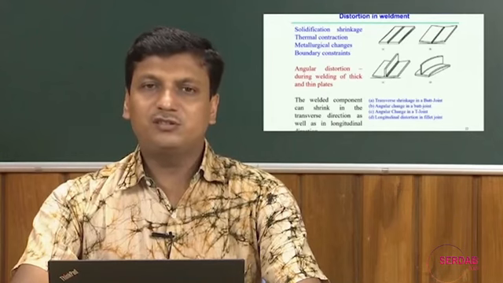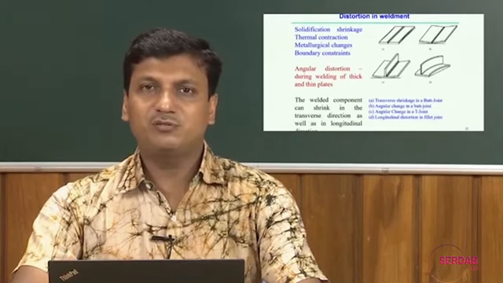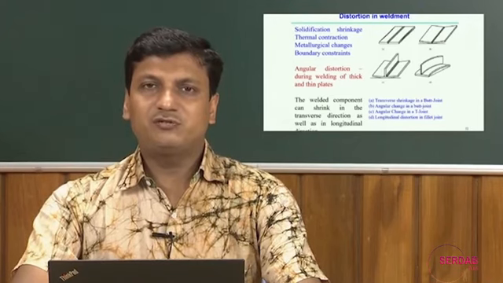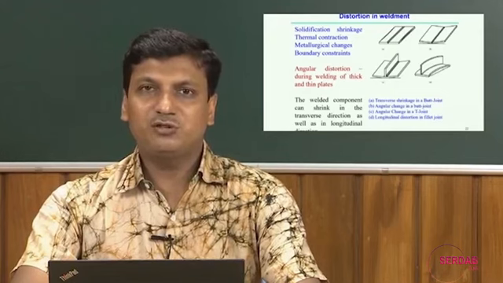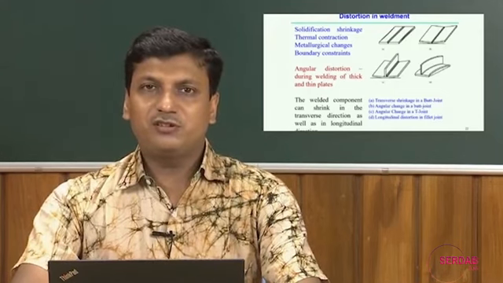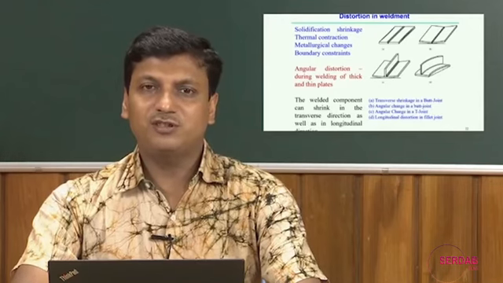So, the reasons for the distortion in weldment are very similar to the reasons for the generation of residual stress in welding. That is why we usually say that distortion and residual stress in a welded structure are linked with respect to each other.